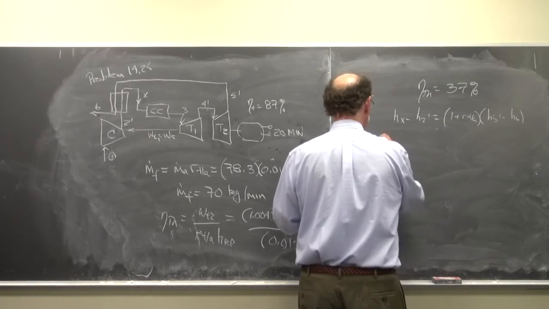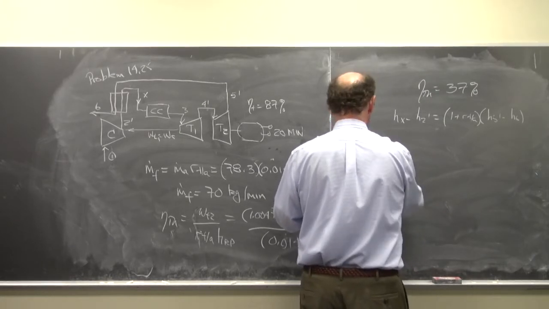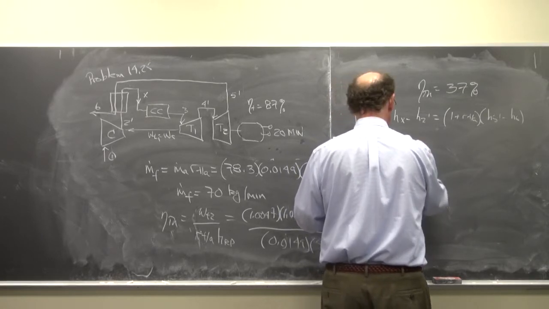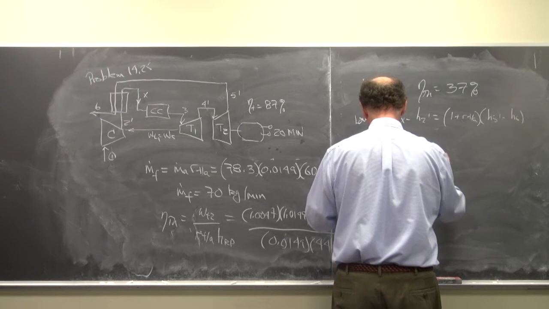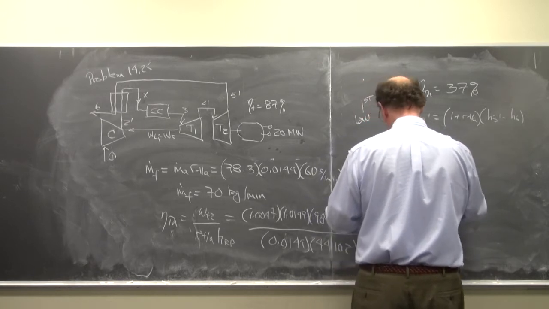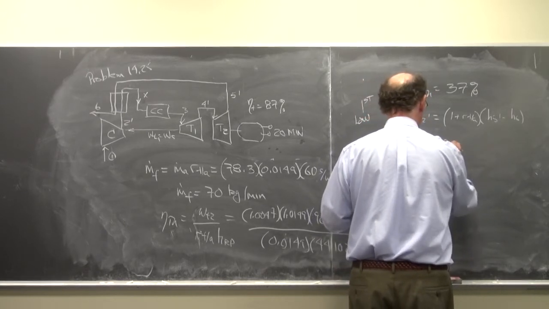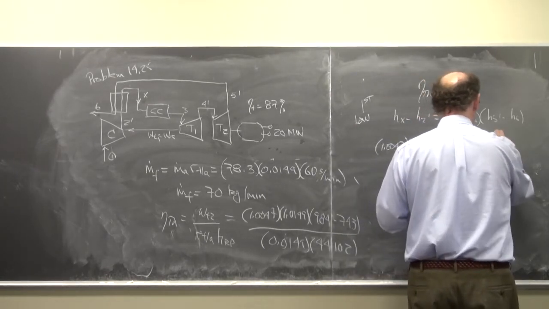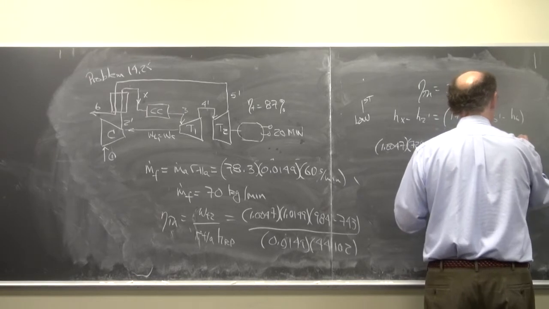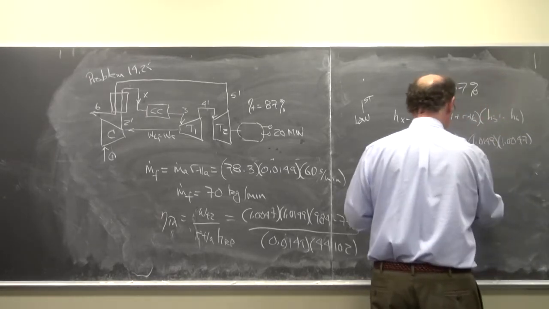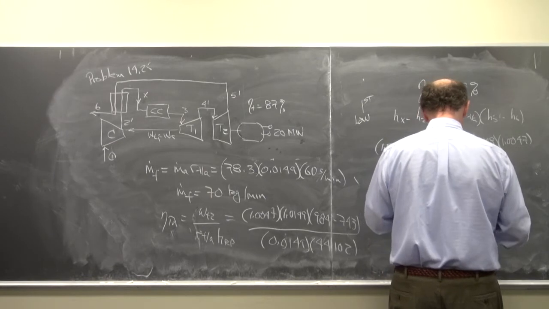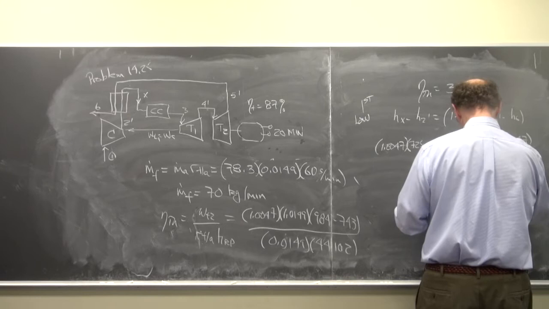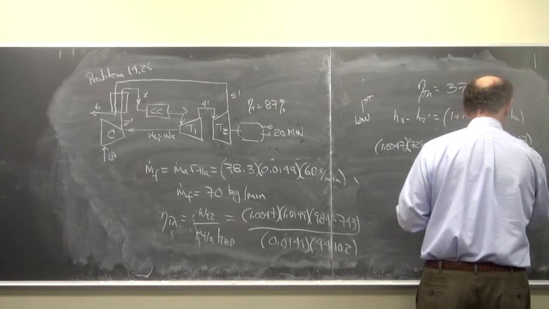And so I have 1.0047 times (Tx 725 minus T2' 628.5) is equal to 1.0149 times 1.0047 times (T5' 743 minus T6).